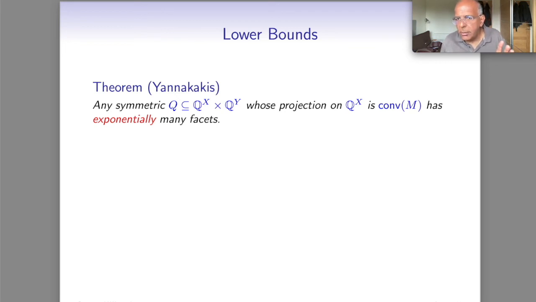Now, it's interesting that this shows that with these symmetric linear programs in this sense, you can't even solve the perfect matching problem with polynomial-sized linear programs, even though we know the existence of a perfect matching is in P.